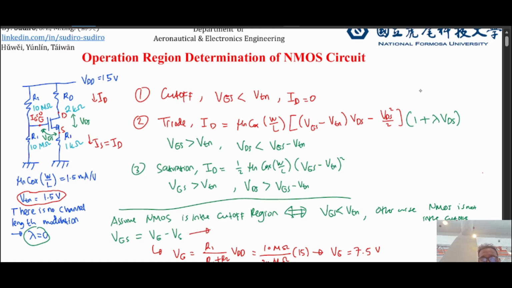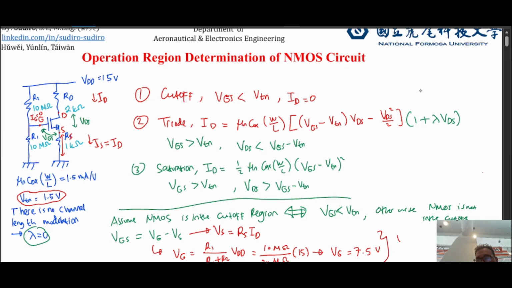While Vs, you can see in this circuit, Vs is actually equal to the voltage across the resistor Rs. So we can write Vs as Rs times Id, like this.